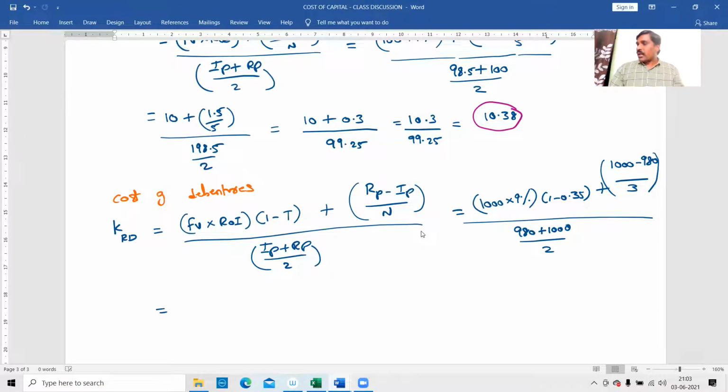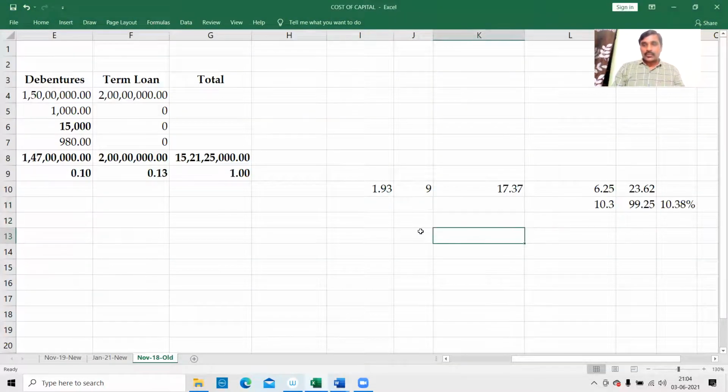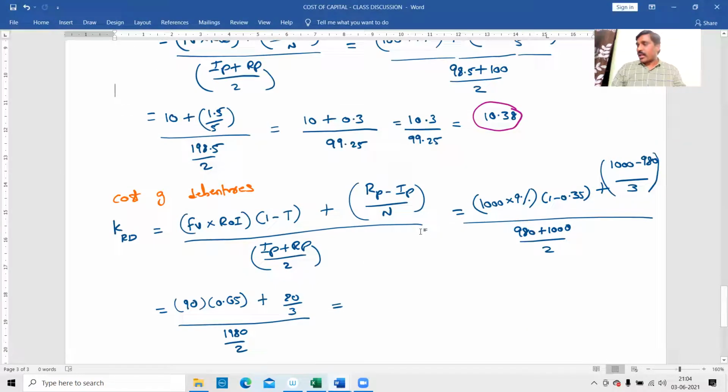So numerator, 1000 into 9%, 90 rupees, into 0.65. Then 1000 minus 980, 20, divided by 3. Whole divided by 1980 divided by 2, which is 990. So 90 into 0.65 will get 58.5.